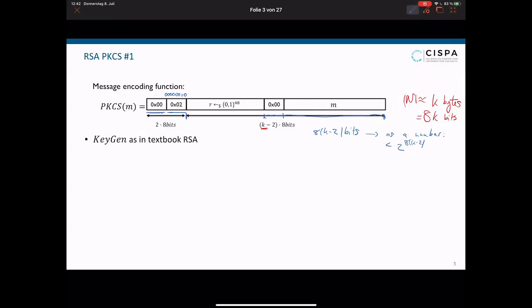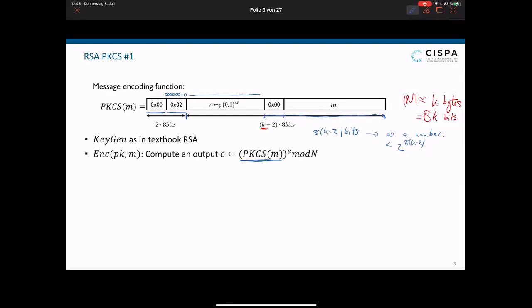Okay, so that's just the message encoding function. Everything else essentially works like in textbook RSA. So the keygen is as in textbook RSA, and the encryption now also as in textbook RSA. The only difference, of course, being that we don't compute m to the e, but PKCS of m to the e, where PKCS is a randomized function which chooses this string r at random every time we call it.